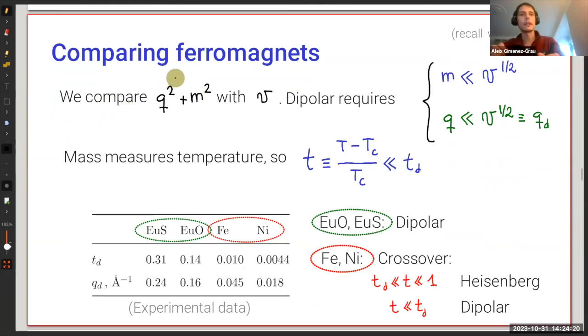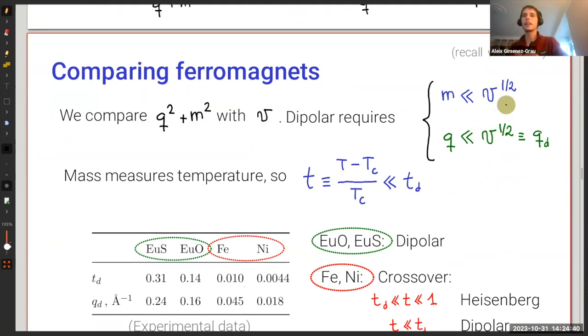Again, to insist once more, we want to compare Q squared plus M squared with this parameter V. If we want to have dipolar effects, M has to be much smaller than the square root of V, but also Q has to be much smaller than the square root of V. Those are the conditions that you need to observe dipolar effects.